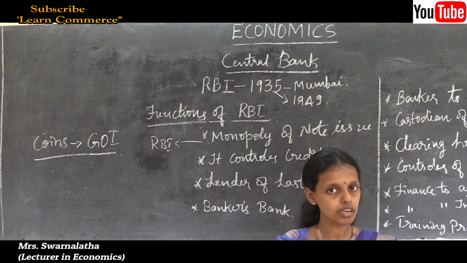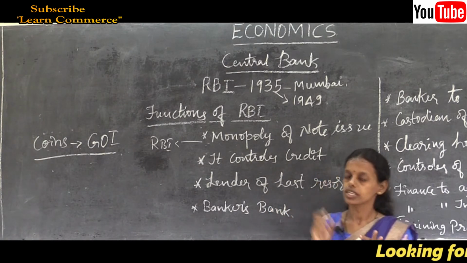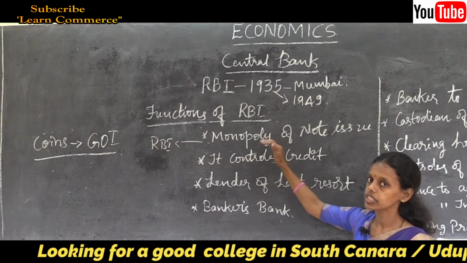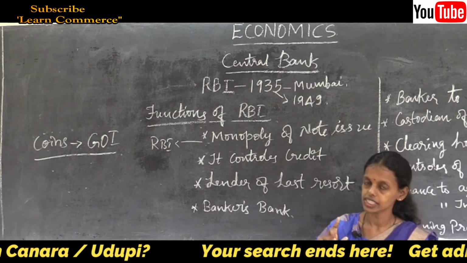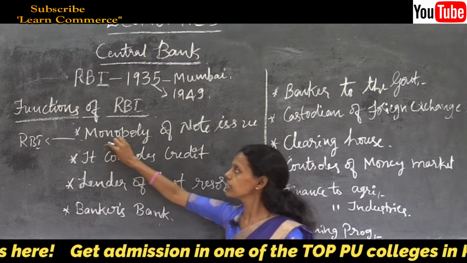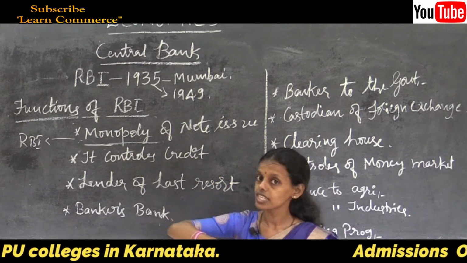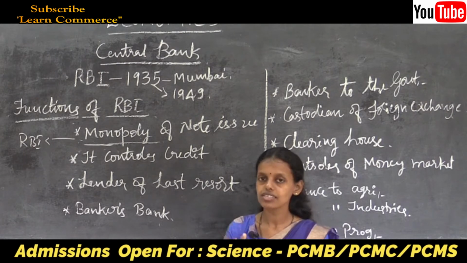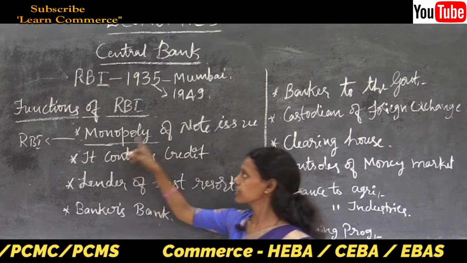The Reserve Bank of India has the legal authority to issue and print currency notes. Minting authority is not vested in the Reserve Bank of India; it is vested in the Government of India. Thus, monopoly of note issue. What does monopoly mean? We studied it: a dominator, a single hand. No other bank has this kind of legal authority regarding money.